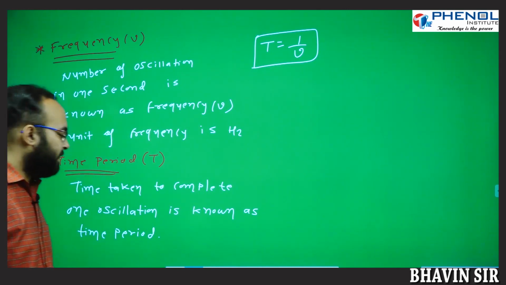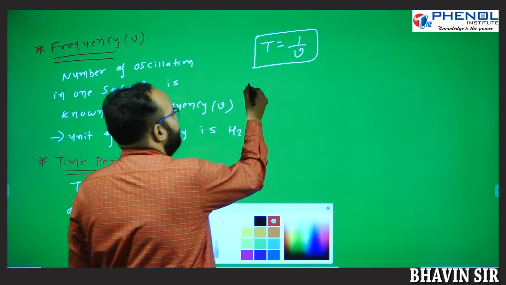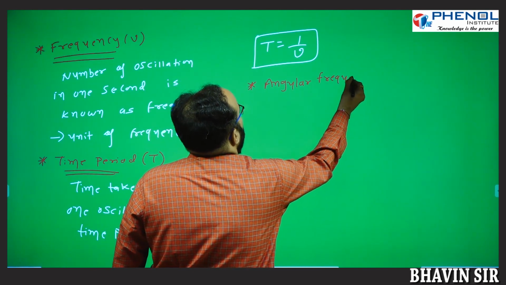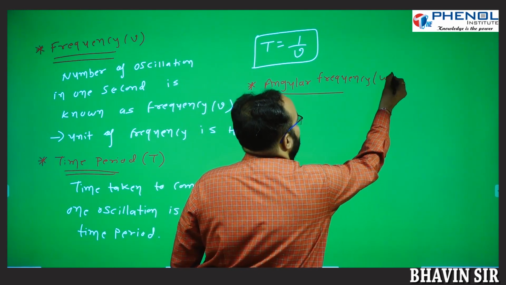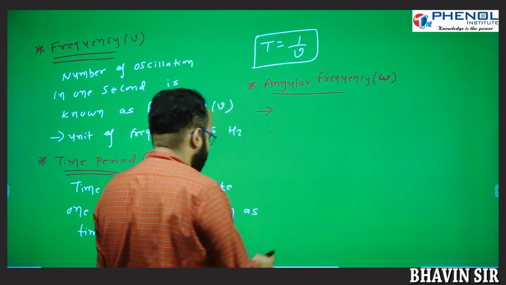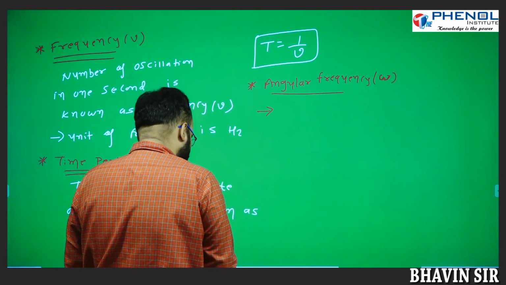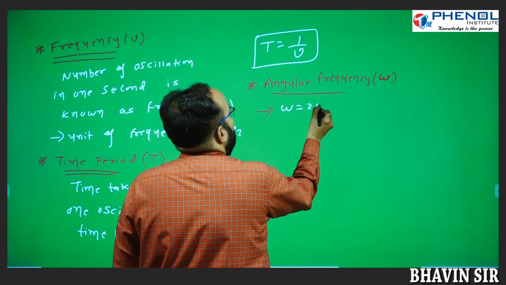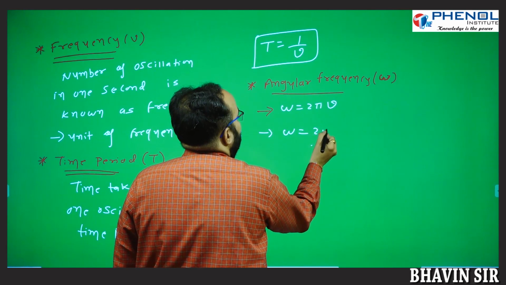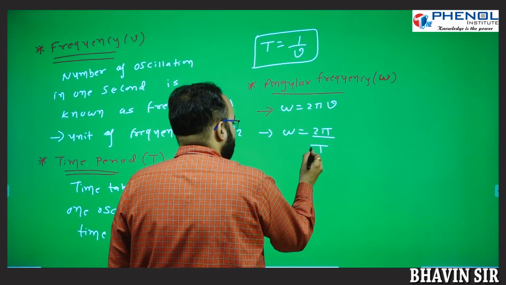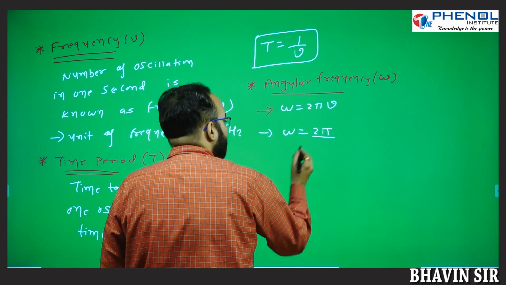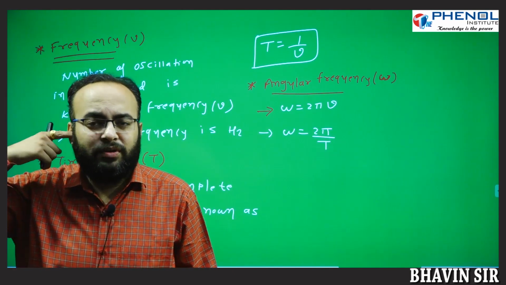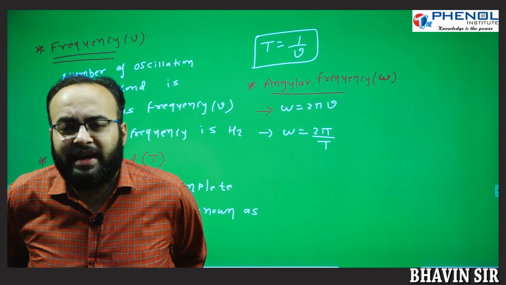See, now angular frequency. Angular frequency is 2 pi nu, or we can say 2 pi by T. If the body performs rotational motion, it is known as angular velocity, but in the case of oscillation it is known as angular frequency.